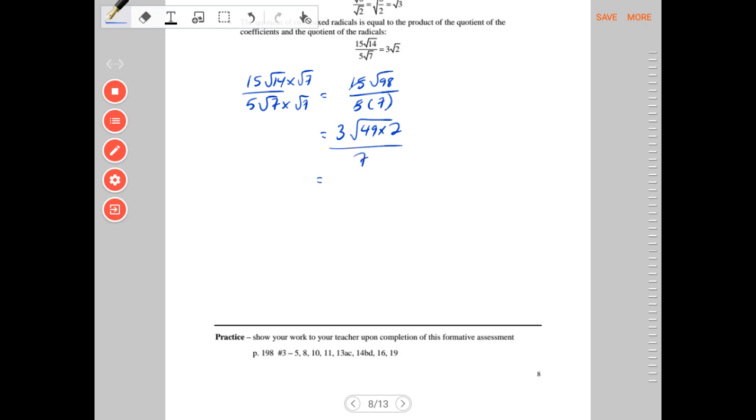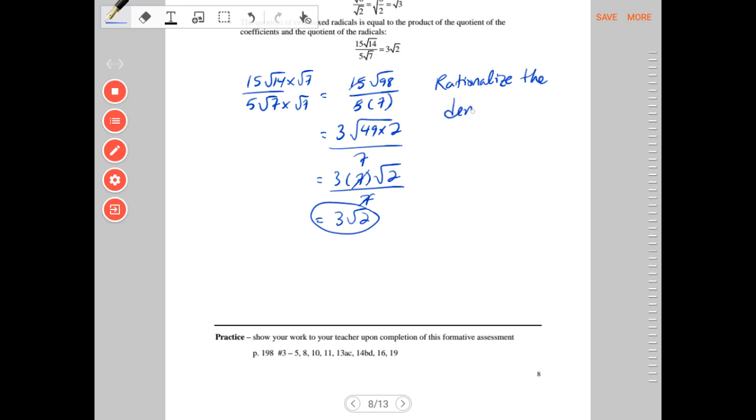Okay, square root of 49 is 7, so that becomes 3 times 7. I can't square root the 2, so it stays under the root sign, all over 7. And again, the 7's cancel to leave me with 3 root 2. So again, this is getting the exact same answer, but I did it by rationalizing the denominator.